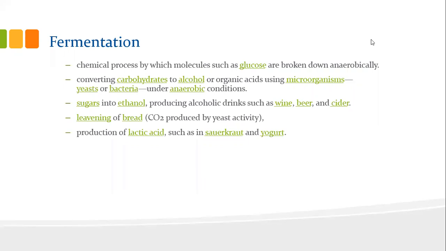Fermentation can generate lactic acid in sauerkraut or yogurt, which are popular probiotics. In bread, it helps leaven the bread, and in alcoholic drinks, it converts sugars into ethanol.